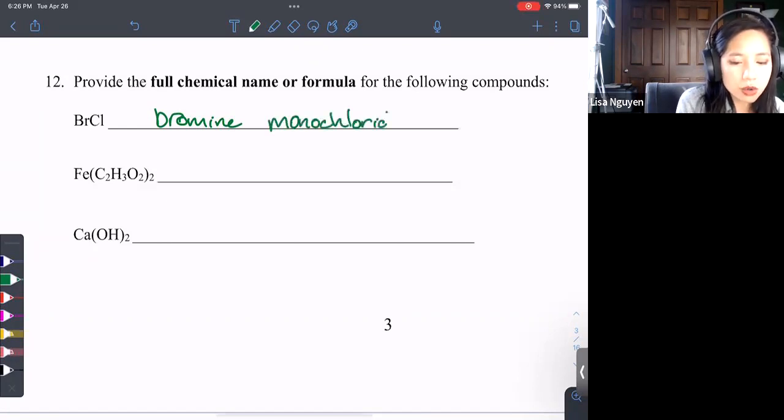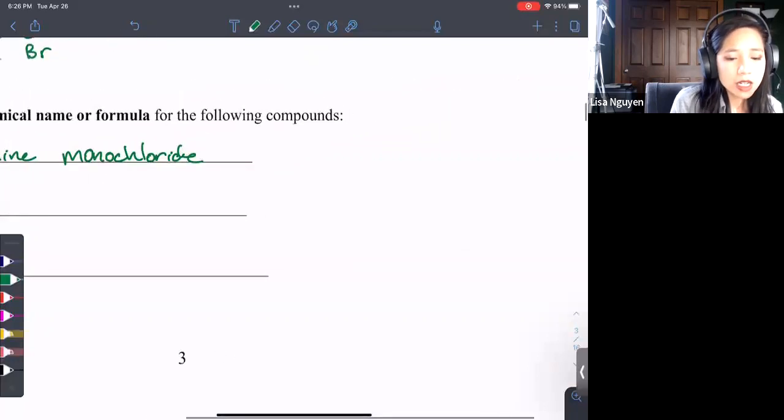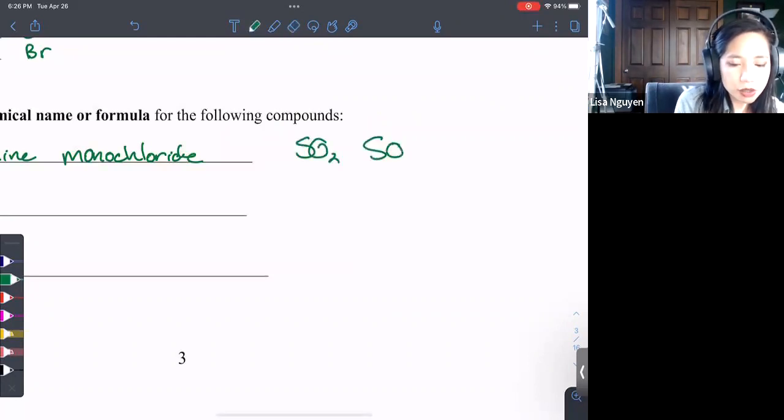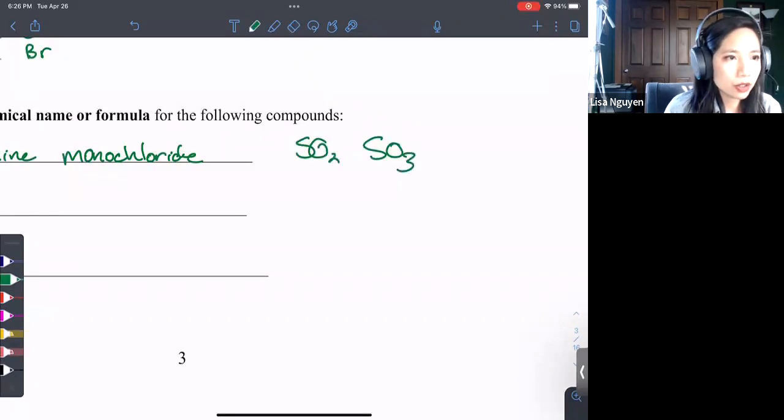All right. The reason we have to say the number of elements here in these molecular compounds is because you can't predict charges. There are no ions in molecular compounds. I always like to show the example like SO2 and SO3. Some students will say, oh yeah, that's sulfur oxide or something.